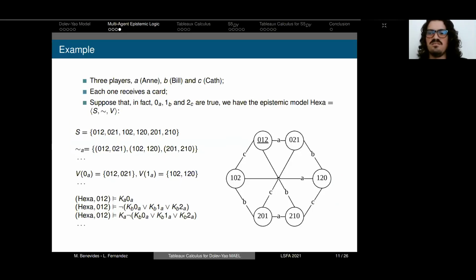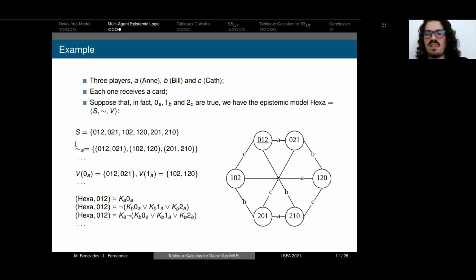And we can see here the standard example taken from Hans van Ditmarsch et al., Dynamic Epistemic Logic. We have 3 players, Ann, Bill, and Cat. Each one receives a card with 0, 1, or 2. Let's say that the real state is the one where Ann got 0, Bill 1, and Cat 2. So we have this epistemic model, the set of possible states or worlds, the relations between the states.